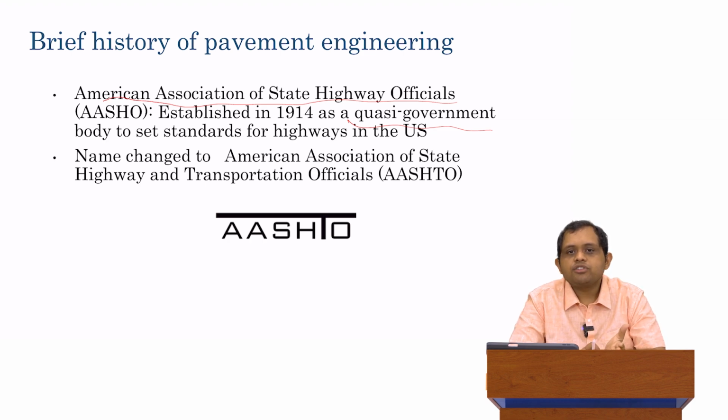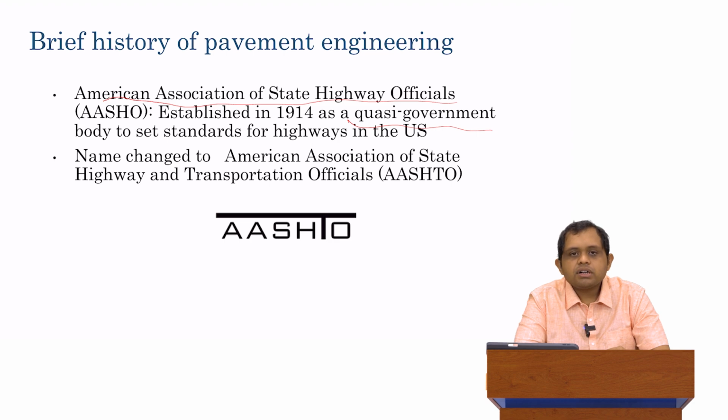That body is not tasked with designing or building roads. The actual work of designing and building and maintaining is still controlled by the government. This body is a standard setting body. It looks at scientific principles, conducts experiments, funds experiments, and based on that comes up with guidelines. Those guidelines can be used by governments, but the body setting those guidelines is not actually a part of the government. So that's why it's called a quasi-government body.